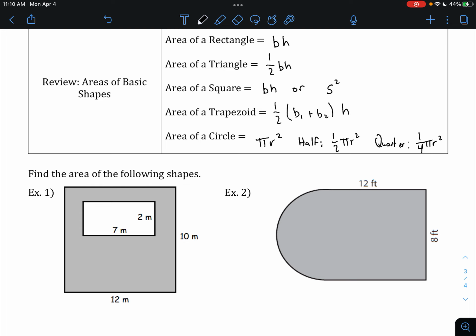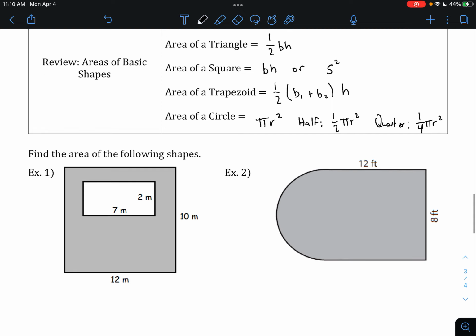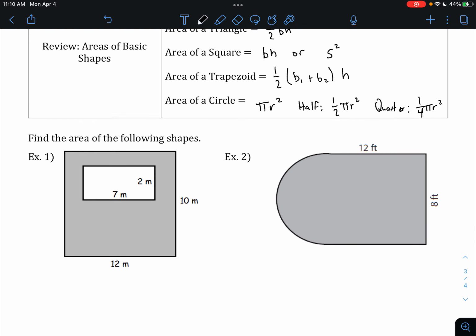Now, we have the areas of our basic shapes. What we're going to do with those is then find the areas of more complicated composite shapes. And there's two different ways that we're going to go about this. We have two different types of composite shapes. The first is when we have two shapes that have been kind of stuck together, connected at their edge.